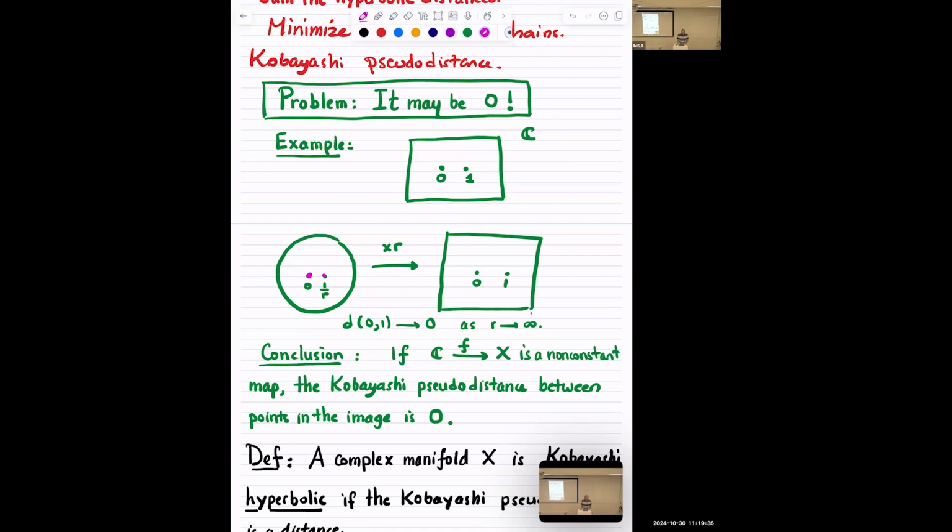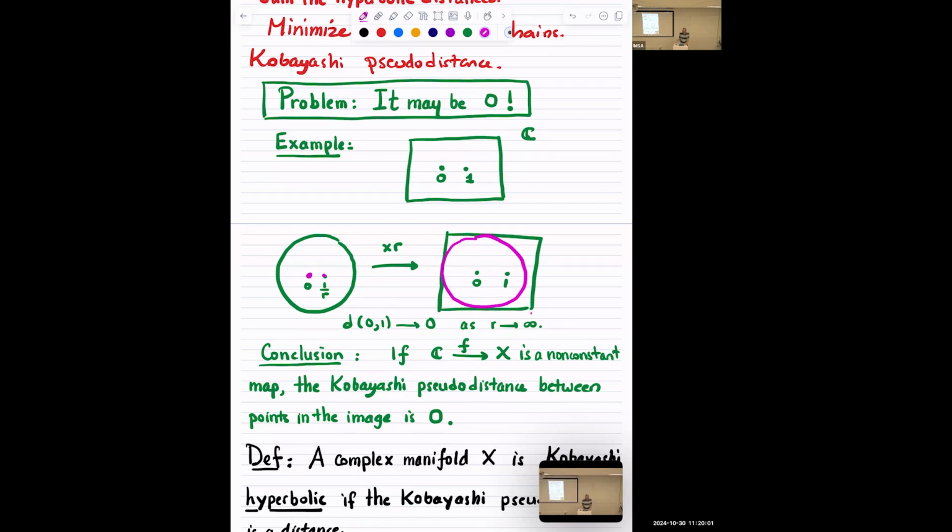Then you get a pretty large disk where the points go to 0 and 1. But the distance between 0 and 1/r becomes arbitrarily small as we make r get large. So you see that the distance between any 2 points in C in this sense is 0. So it's not quite a distance; it can be degenerate.